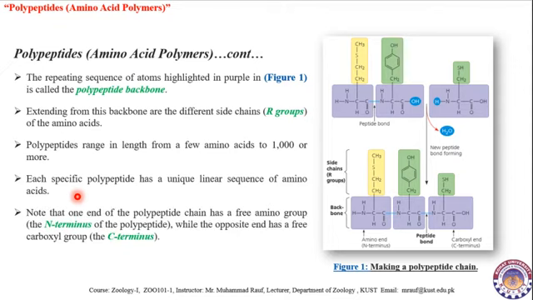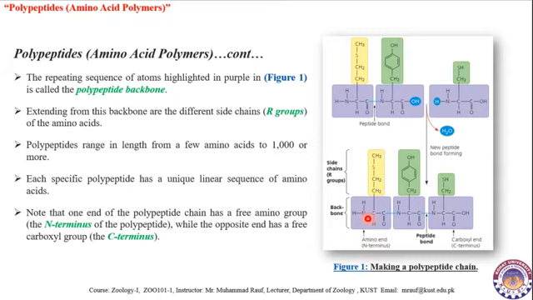Now, a polypeptide is a linear sequence of amino acids. A polypeptide has two distinct ends. On one end, there will be a free carboxyl group, and that end will be called C terminus because of the presence of the carboxyl group, and the other end will have a free amino group, and because of that it is termed as N terminus.